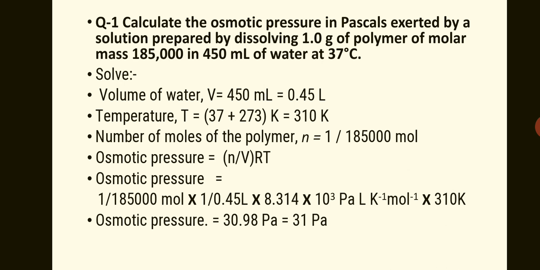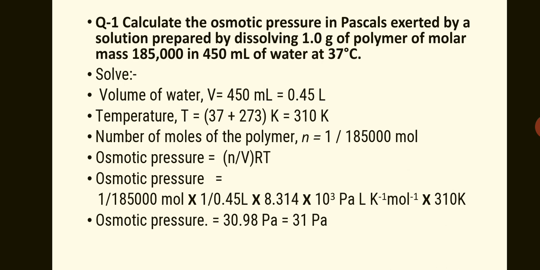Now we know the formula. Osmotic pressure pi is equal to number of moles divided by volume of solution, in bracket, whole multiplied by R, the universal gas constant, and capital T, the temperature in Kelvin scale.